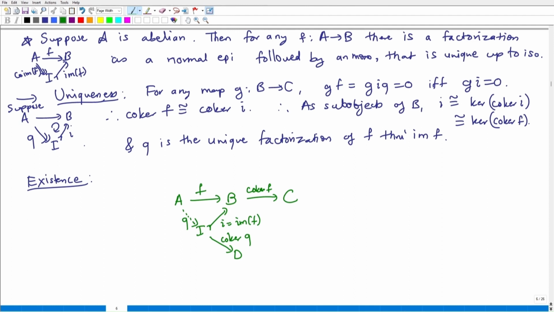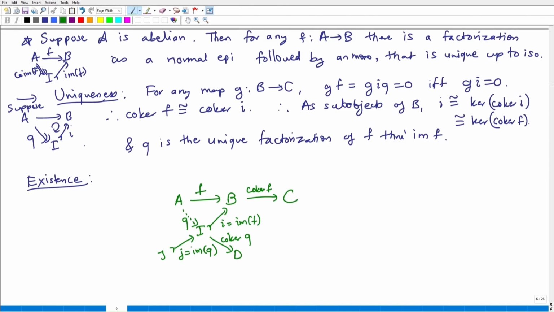We want to show that. But at the same time, I can also take the kernel of this. So J, this is a mono, obviously. So this is image of Q.